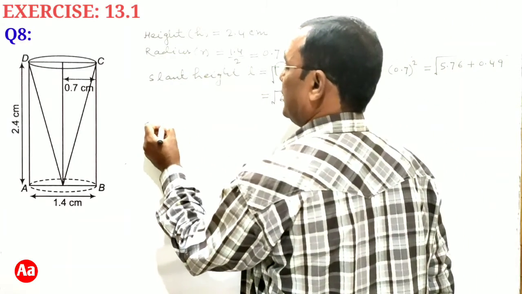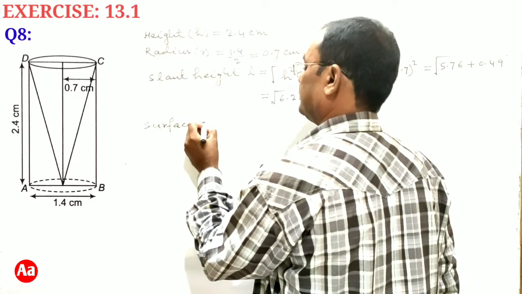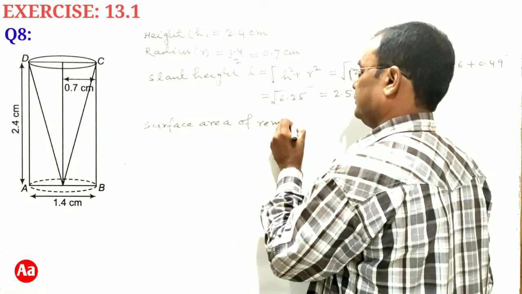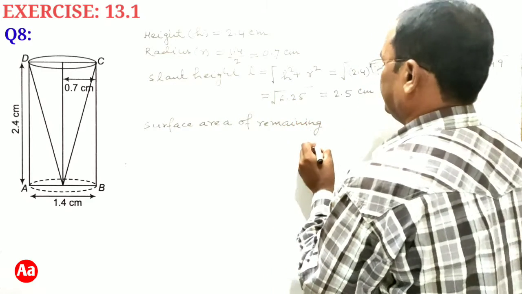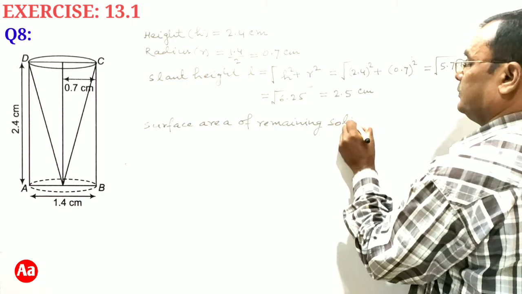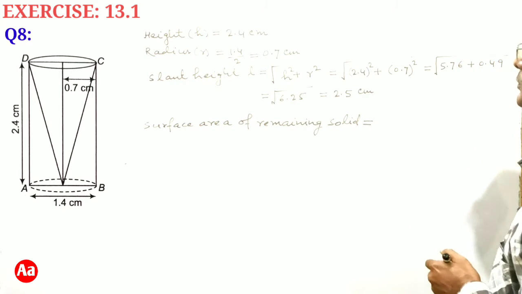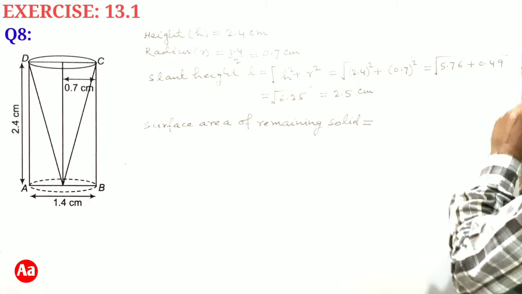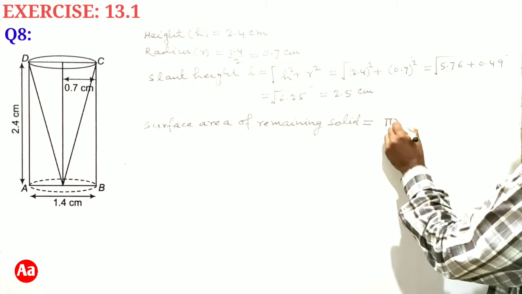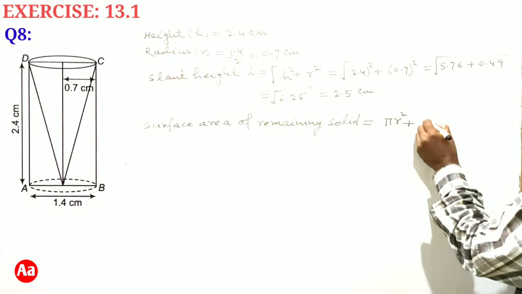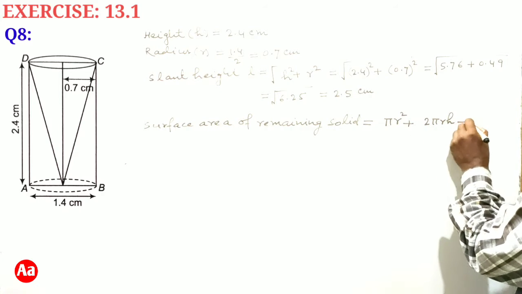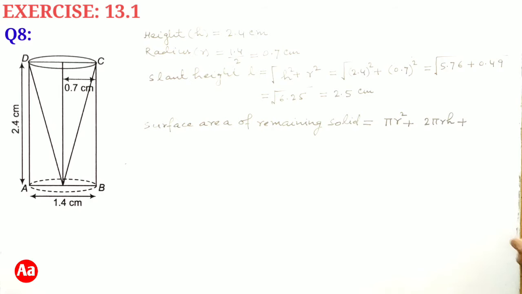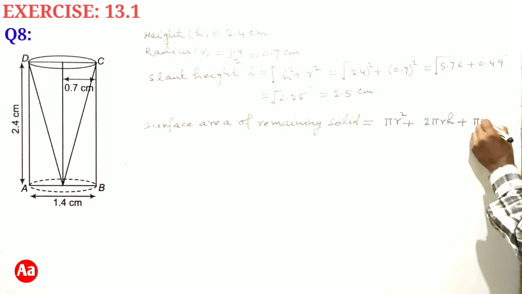Surface area of the remaining solid is equal to the area of one circular end of the solid cylinder, pi r square, plus the curved surface area of the cylinder, plus the curved surface area of the conical cavity, pi r l.